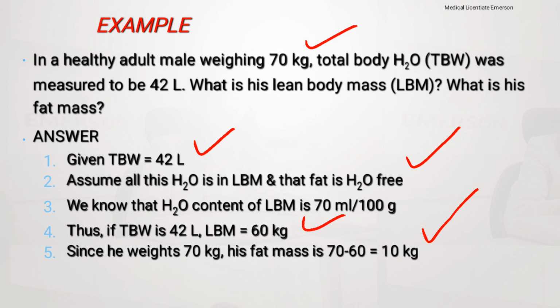So for someone with a total body water of 42 liters, their lean body mass will be 60 kgs. Hope we are now together on this point. Since this person weighs 70 kg, his fat mass will be 70 minus 60, which is equal to 10 kg, which is kilograms. So let's continue after following this example.